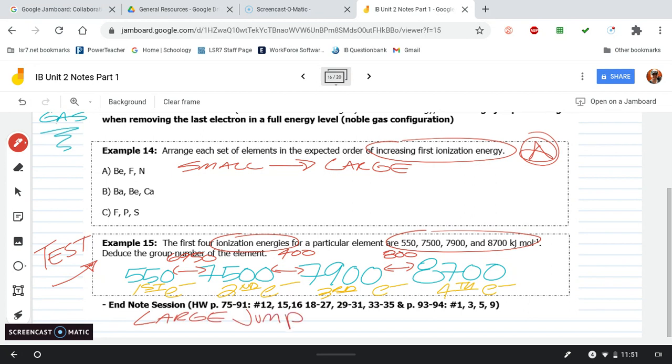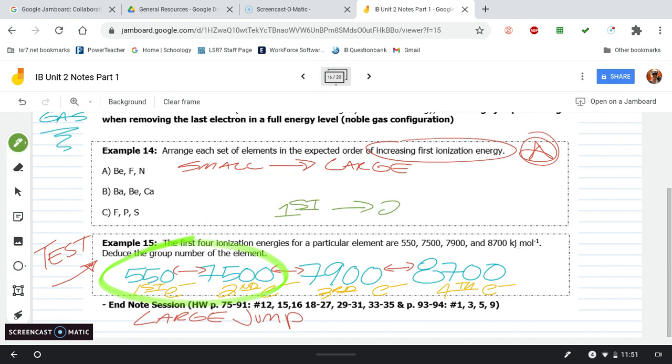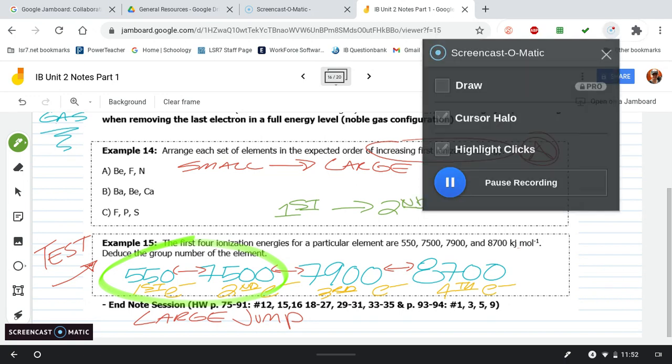So what I do is I find that large jump. I'm going to erase those, give myself a little more space. I find that large jump, and then I simply am going to identify it. So the large jump happened here, between 1 and 2. The large jump was between the first and the second.